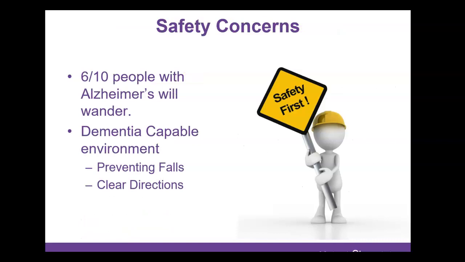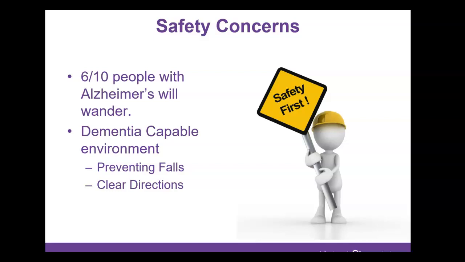There are also safety concerns related to people dealing with Alzheimer's. 6 to 10 people with Alzheimer's will wander. And that's oftentimes one of the reasons why they are placed in nursing home facilities, so that they can get that 24-hour supervision, around the clock care, when families are no longer able to provide that care. And that's usually to ensure their safety.